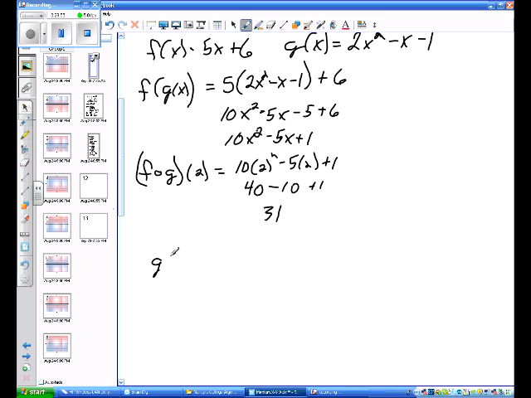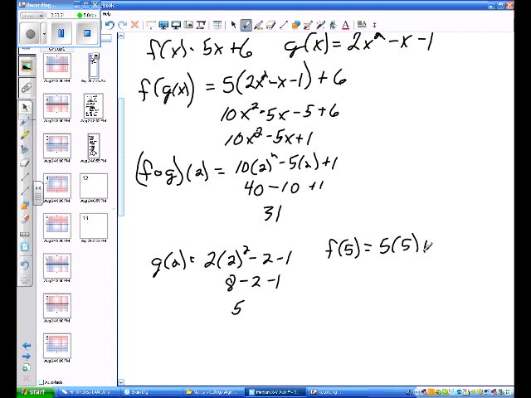So if we found g of 2, that would be 2 times 2 squared minus 2 minus 1. So that would give us 4 times 8 minus 2 minus 1 would be 5. Now, if we went to our function f and wherever there was an x, we plugged in 5, we would have 25 plus 6, 31.